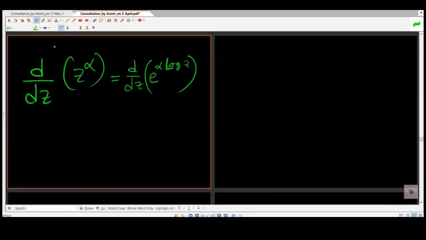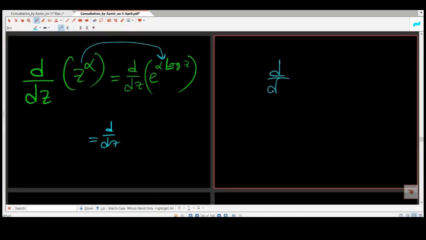So now we have to differentiate this. We know z to the power alpha is this one. So d/dz of e to the z, we know it is e to the z.